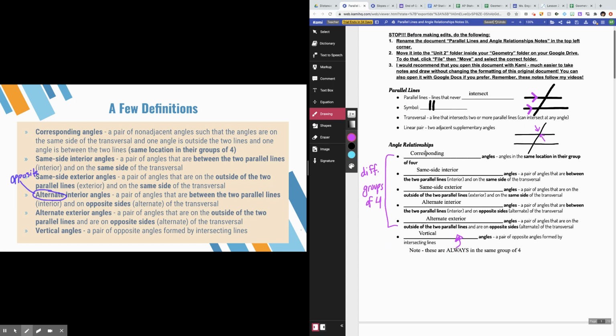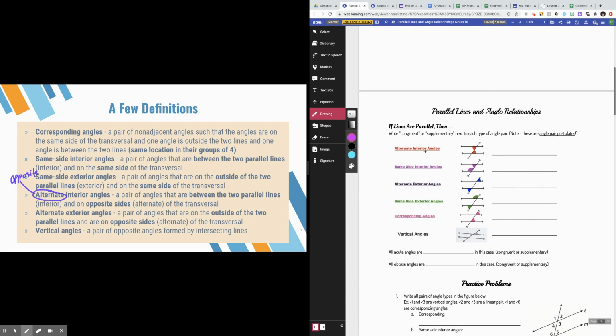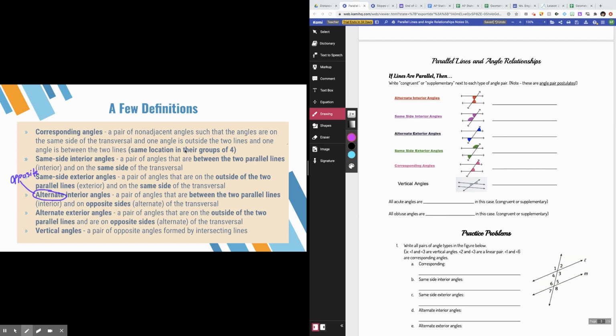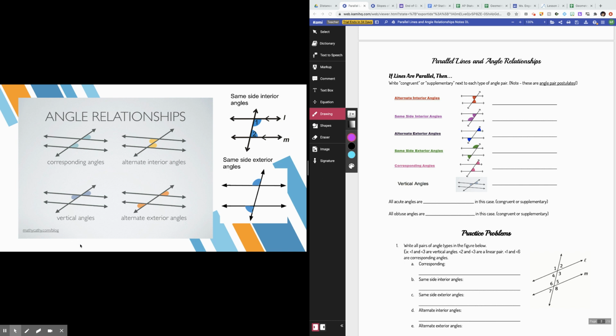All right. Now let me clear my screen here. I'm going to show you a picture of these on the left-hand side, and that'll be a little easier to visualize, I'm hoping. So here are your angle relationships.